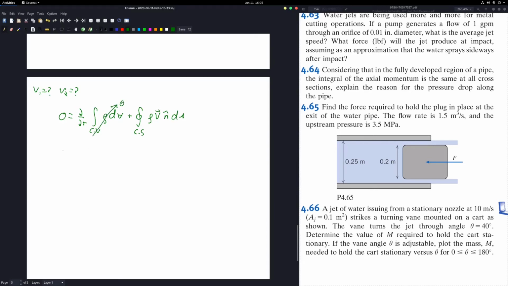Again, because we're at steady state, the rate of mass inside the control volume will not change. And so what we get for our final expression here is going to be rho V1 A1 times minus 1, again respecting the normal vector that I pointed out, plus rho V2 A2.